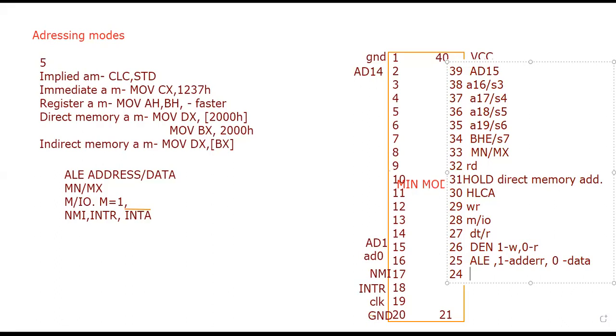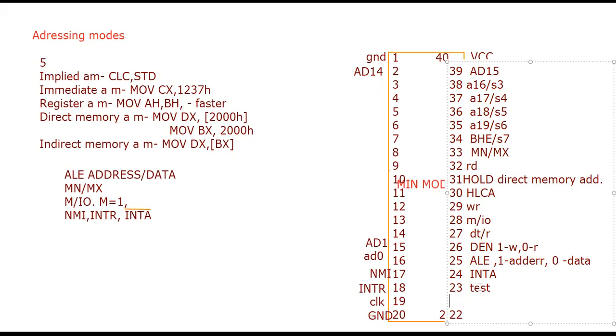Then next is interrupt enable, interrupt request. Here we have a response, so we have to use INTA, interrupt acknowledgement, because only if there is acknowledgement can one device respond. After INTA, we have three pins, 23, 22 and 21. What about pin 23? It will test the external device.